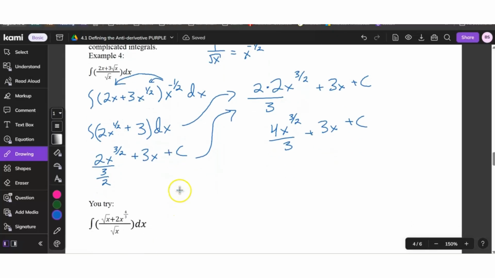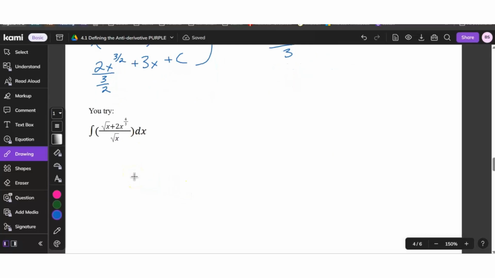All right, guys, let's get you to try this one. Now, again, I'm going to help you turn it into the polynomial first, but I'm going to do it without telling you to see if you can get it. So try and do it on your own and then look up. So what did I do last time? I turned it into multiplication. So start there.